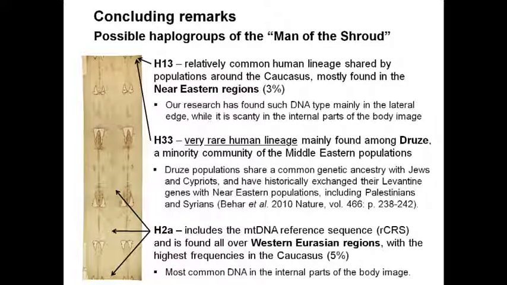The last abundant haplogroup is H2A, which includes the reference sequence for mitochondrial DNA in humans, and it is found all over Western Eurasian regions, with the highest frequencies in the Caucasus, up to 5%. Interestingly, this haplogroup is the most common DNA in the internal parts of the body image of the Shroud.